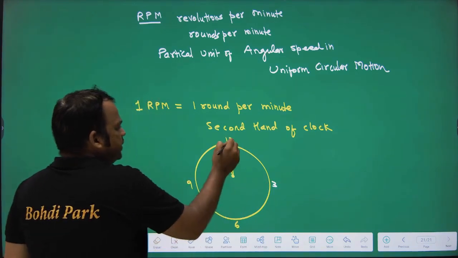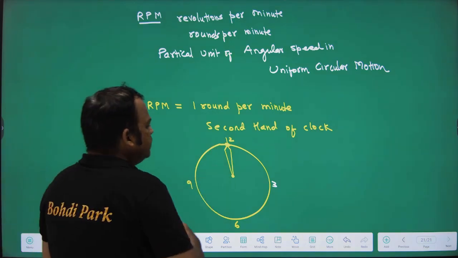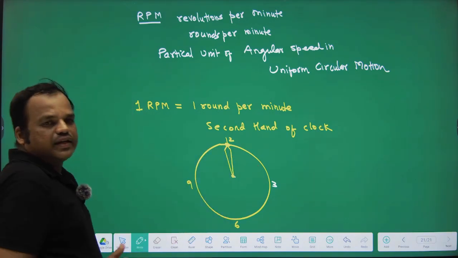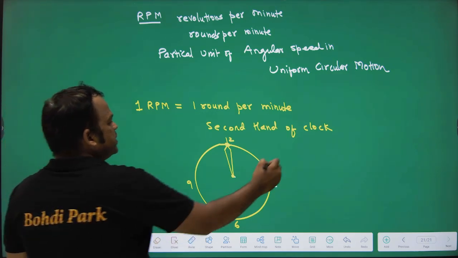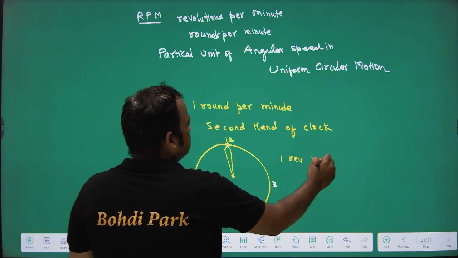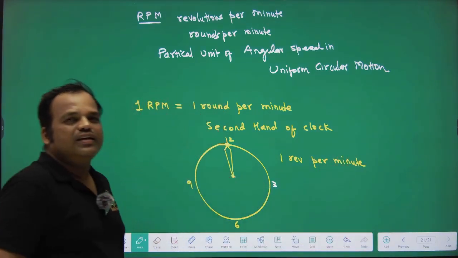Initially the tip of the second hand is at 12. After 60 seconds the second hand will complete one round clockwise. So we will say it is one revolution per minute.